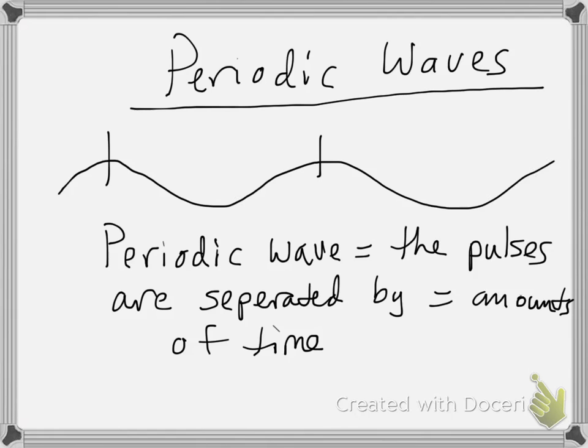So one way to get a periodic wave would be to stretch a jumping rope or a string or something like that very tightly, and then just chop it with your hand at regular intervals, right? At maybe every second or so, and that will produce a very periodic pattern in the rope. And so that is the definition of a periodic wave, and we have some terminology to go along with it, right?